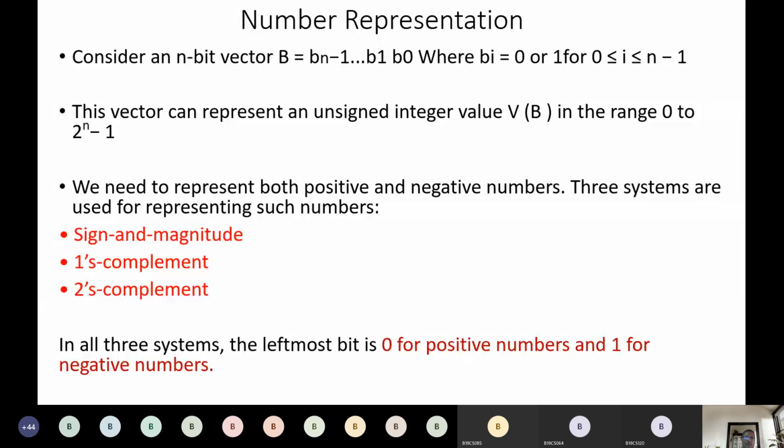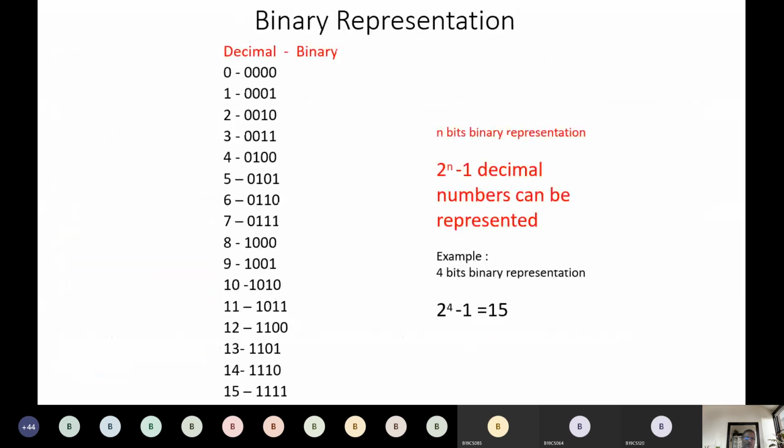For example, decimal to binary conversion you already know, right? Just go through this table once. This is a binary representation we already know. These are decimal numbers here, and these are the equivalent binary numbers. Remember, I have taken 4-bit binary numbers. I can represent the same with 5-bit, 6-bit, 3-bit, 2-bit also, but here the example is 4-bit binary numbers.